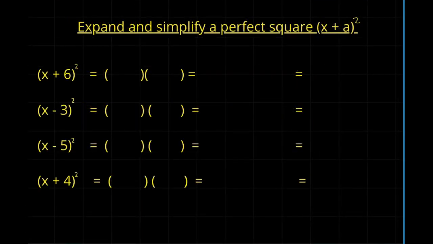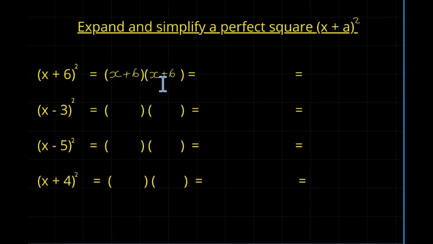Well, before we do that, let's just go back a step and make sure we know how to expand and simplify double brackets. And in particular, we want to do a perfect square. A perfect square is something which is something all squared. And in this case, let's write it out as x plus 6 times x plus 6.